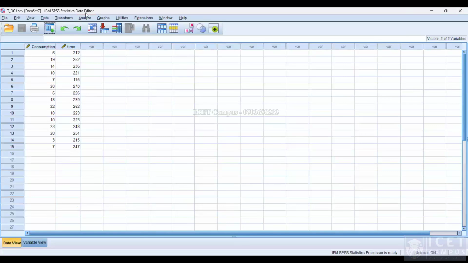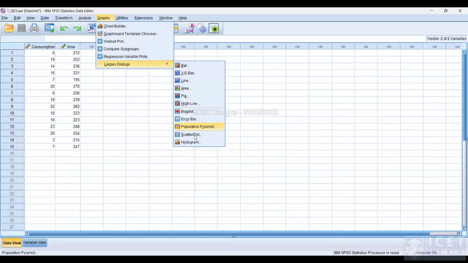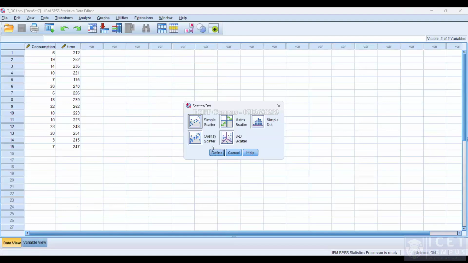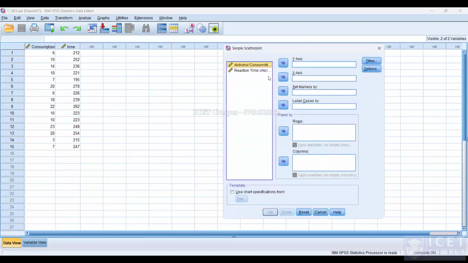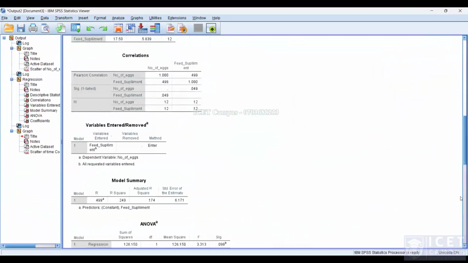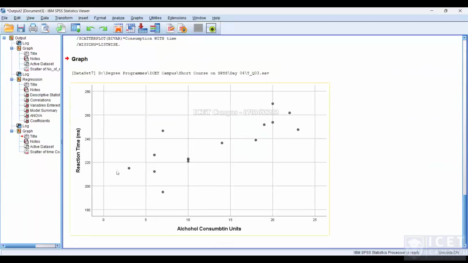So what we can do here is Graphs, Legacy Dialogs, Scatter plot, Simple Scatter. Then for the dependent variable we can take reaction time, and independent, alcohol consumption. So here you can see there is a positive correlation actually.